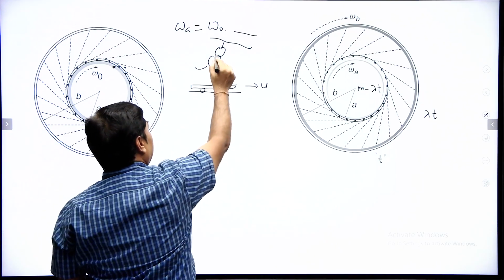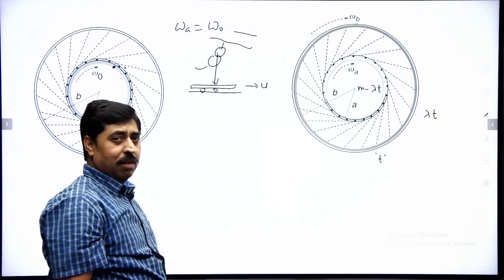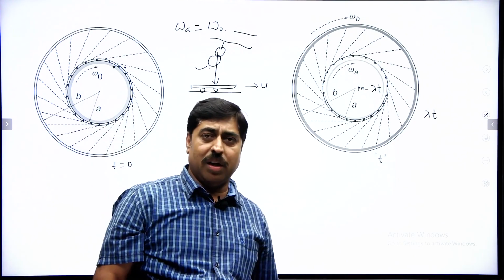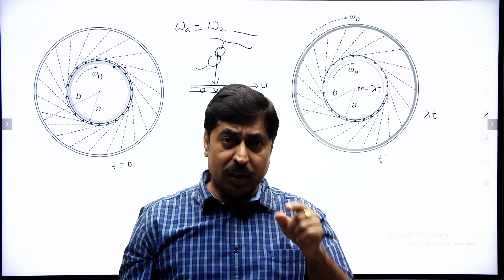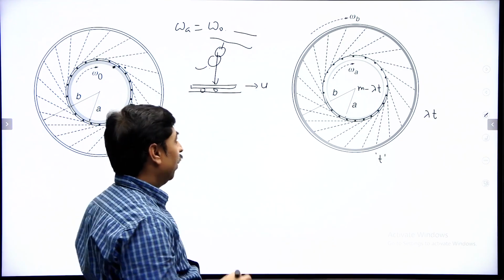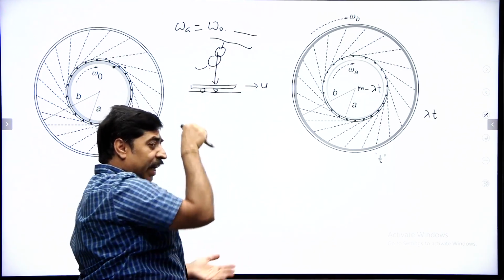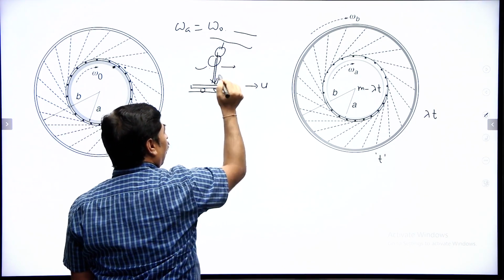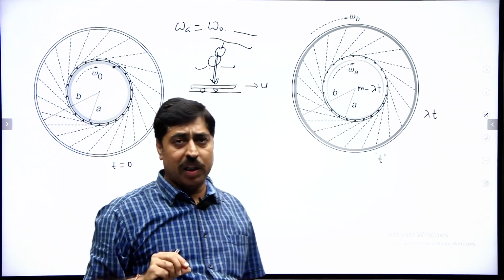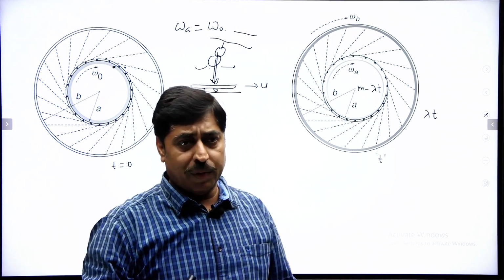If the monkey lands vertically like this, after the monkey lands on the cart, will the velocity of the cart change? The answer is yes, this time it will change, because just before hitting the cart, the monkey was having a downward velocity, but there was no horizontal momentum in the body of the monkey. There was no horizontal movement of the monkey.